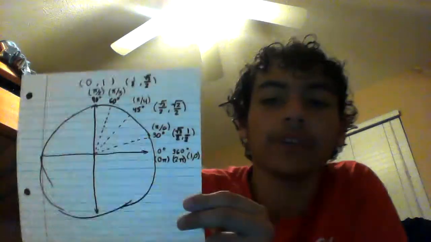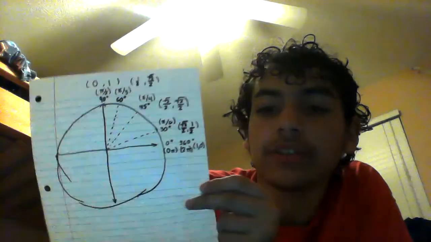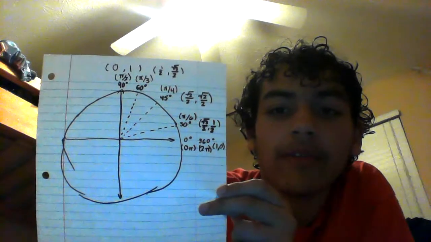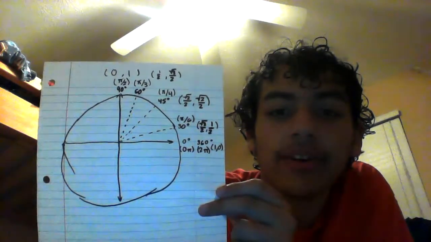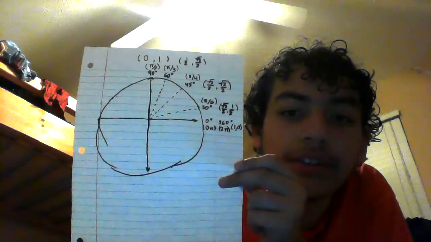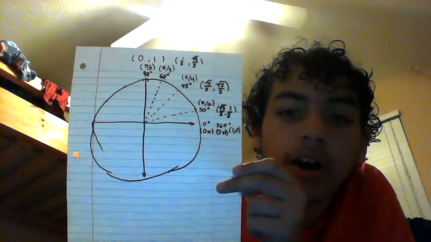And it's able to be applied on a much larger scale just based off of that radius of 1 circle. And here I have the first quadrant of the unit circle filled out. We have the degrees, radians, and the coordinates of each point or angle.